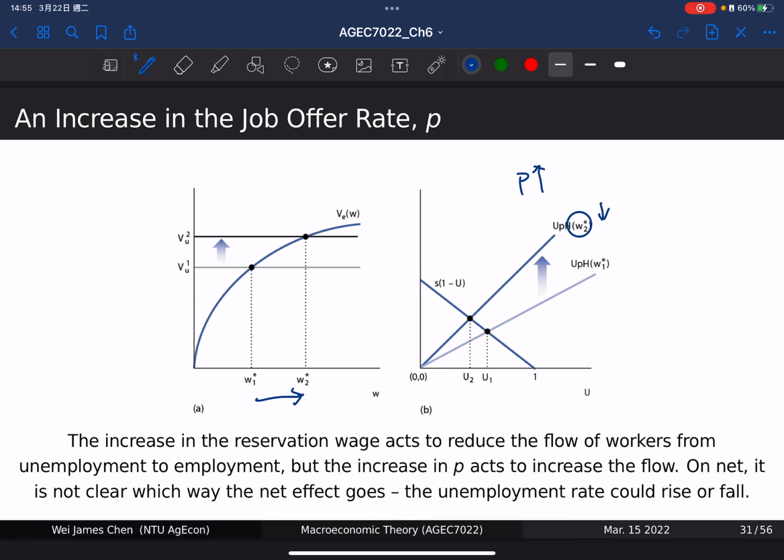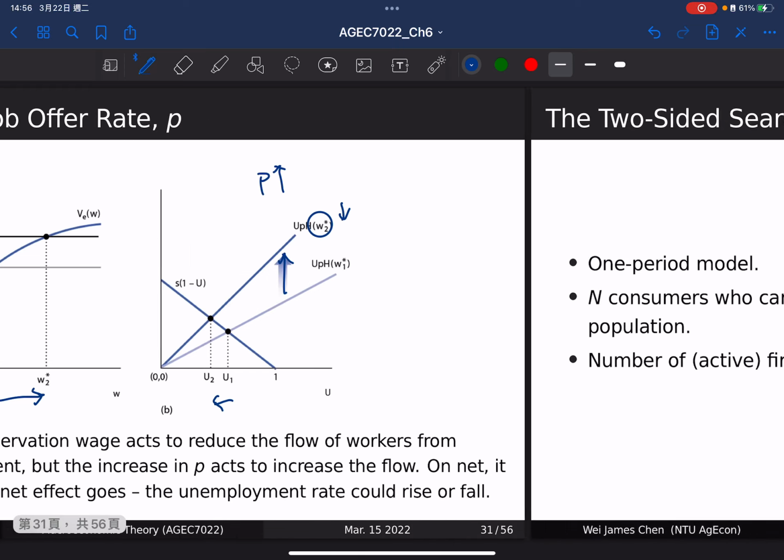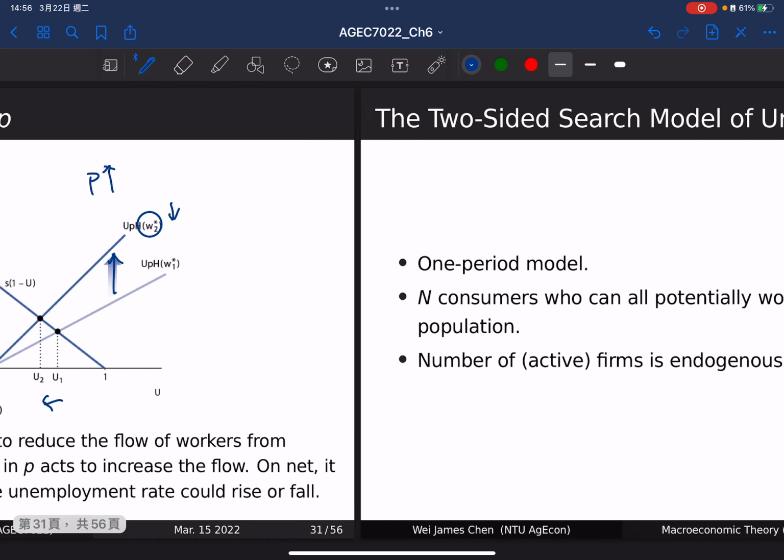Understand what I'm saying? These two things counter each other. The textbook gives you an example where the power of P is actually larger, so the whole thing will actually increase. It will decrease the unemployment rate. But on the other hand, it could also increase the unemployment rate. It depends on the parameters that you set.